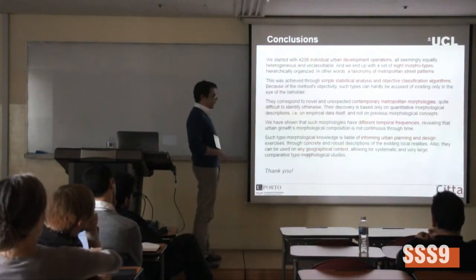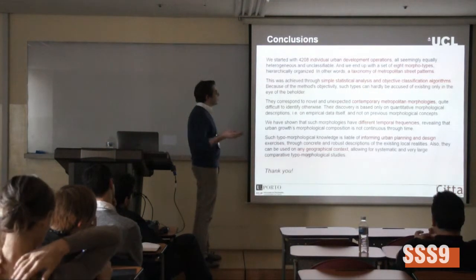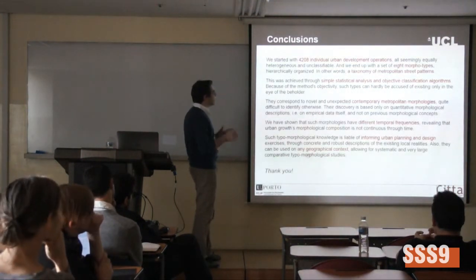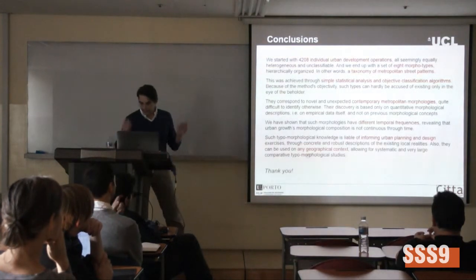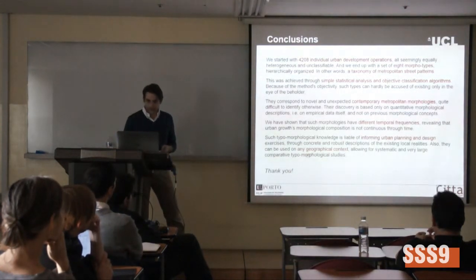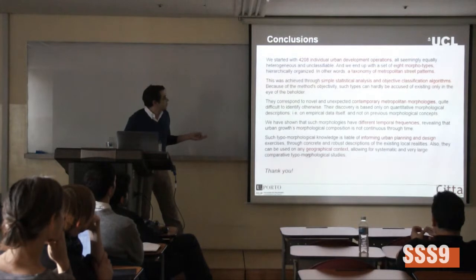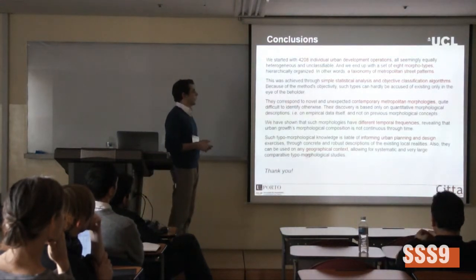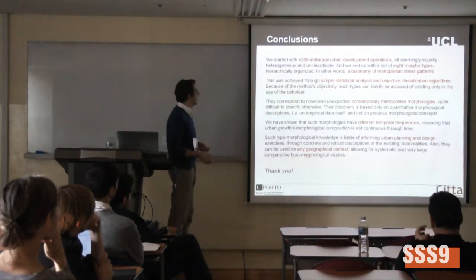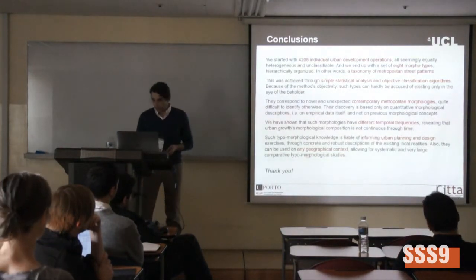And we end up with just 8 morphotypes and with some taxonomy of Metropolitan street patterns. There is a hierarchically organized classification. And this was achieved by simple statistical analysis and by objective methods, which can be reproduced easily.